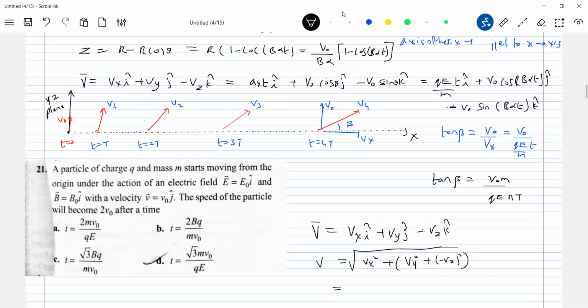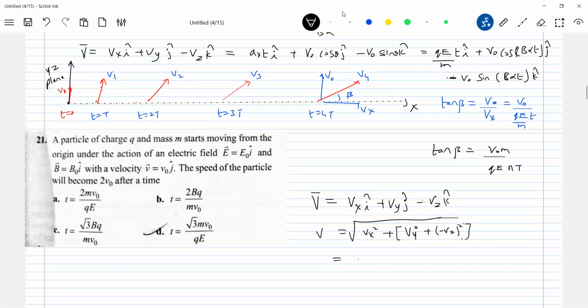So V naught cos theta minus V naught sin theta, that square bracket term should be equal to only V naught. Substitute the values. What is Vx? Vx should be equal to QE T by m, whole square. This will be V naught cos theta whole square.